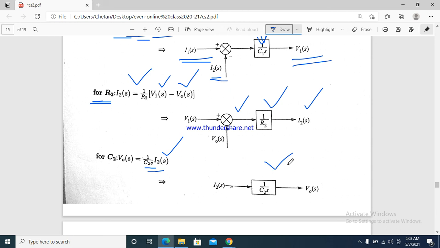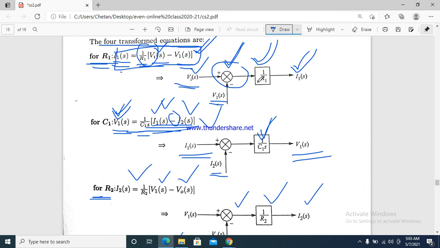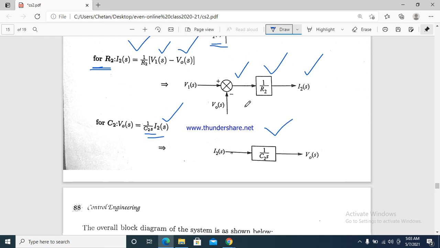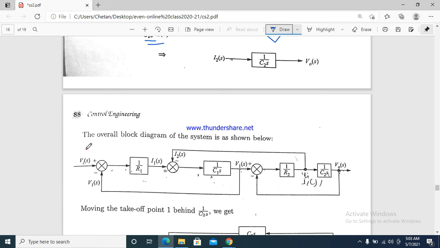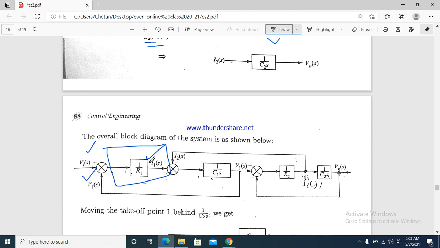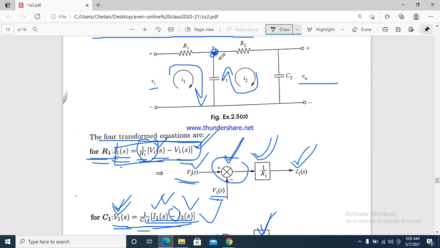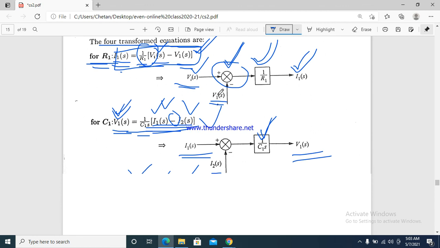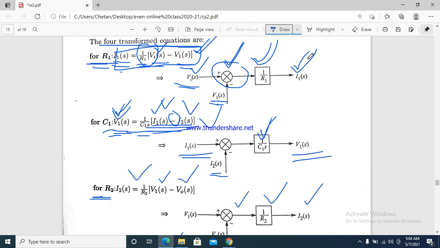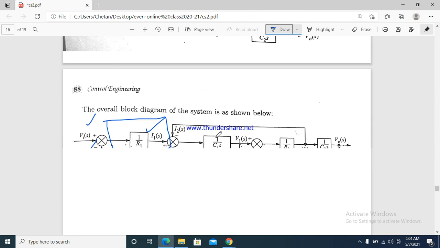Next, what is the next step? You need to add all these block diagram parts together. Whatever elements you have drawn, you now combine them. Vi of S and V1 of S go through 1 by R1 to give I1. This is the first element. The first element's output is the input for the second element, so you need to attach these two.